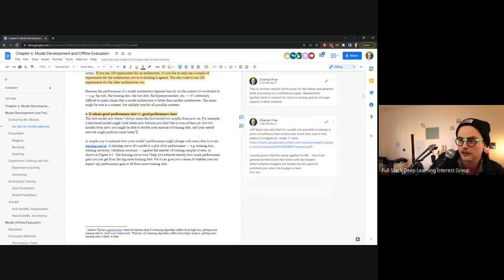That's based off of this example that said maybe a tree based model will work now when you're data starved, but in 2 months, a neural network might perform much better when you've got maybe a whole ton more data.